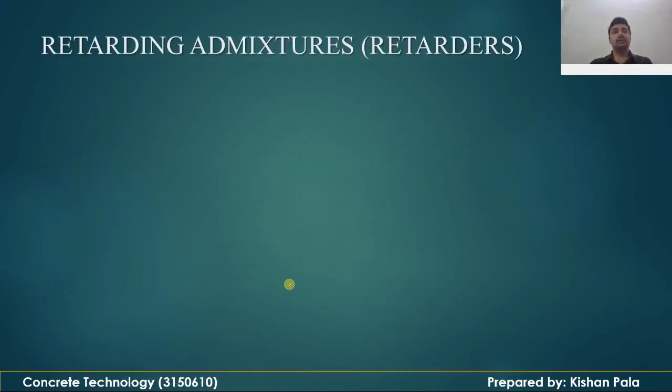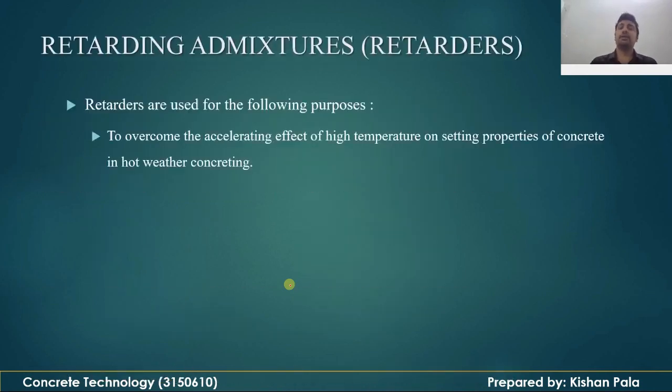in concrete mass. The purposes or uses of the retarders are to overcome the accelerating effect of high temperature on the setting property of the concrete in hot weather concreting.